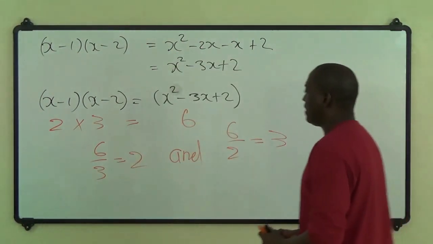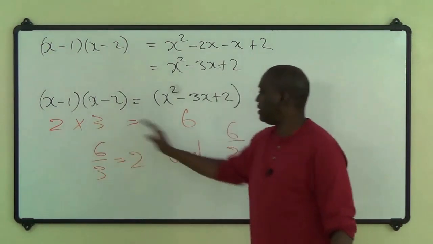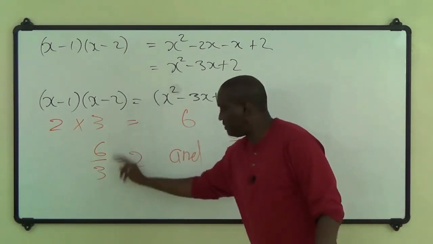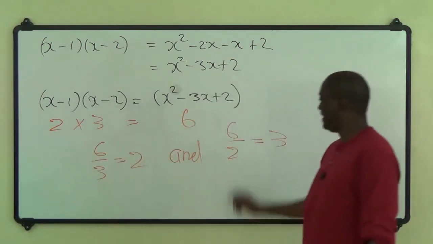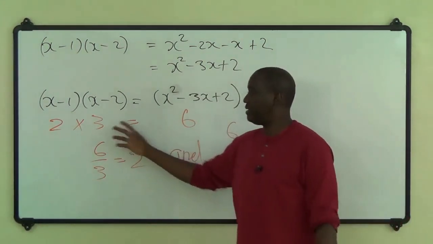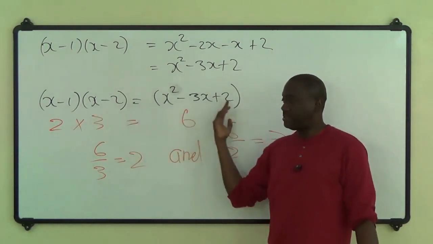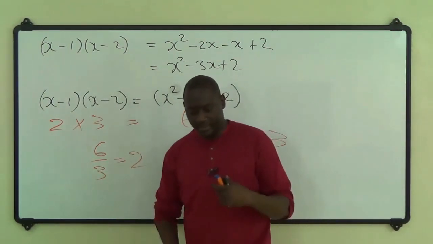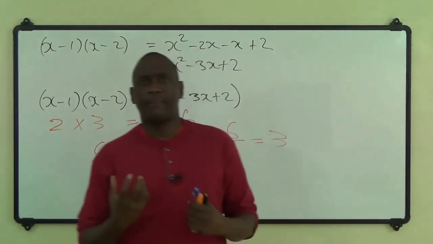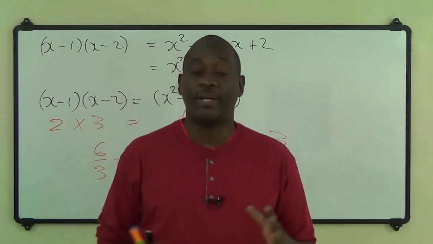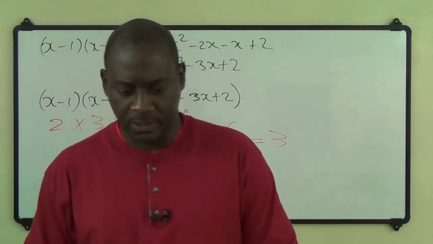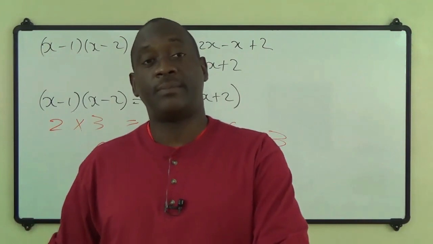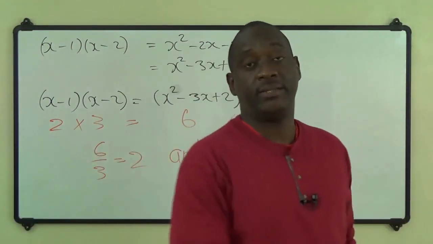So in the same way that 2 by 3 is 6 implies that 6 divided by 3 is 2, and 6 divided by 2 is 3, the same concept applies with the complex situation here. And that is something that I want you to remember. A lot of mathematics is about transferring simple concepts into more complicated situations.